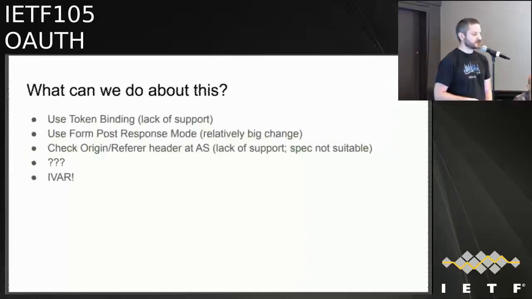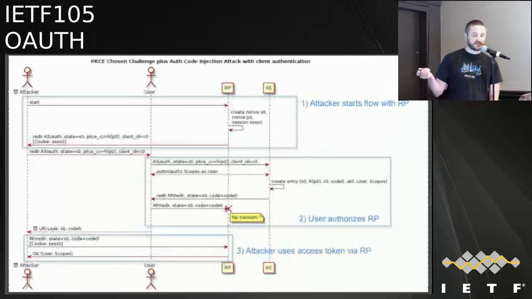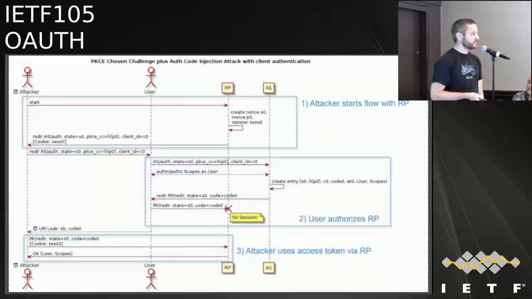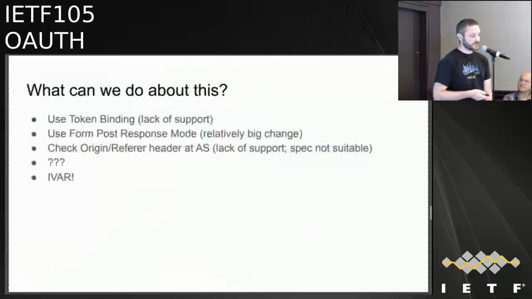We could check the origin or referrer header at the AS so that the AS would see that the authorization request comes from a different origin. Unfortunately, the authorization request is a GET request, and the fetch specification says that there's no origin header in such a request. And that's essentially the end of the things that we could do.